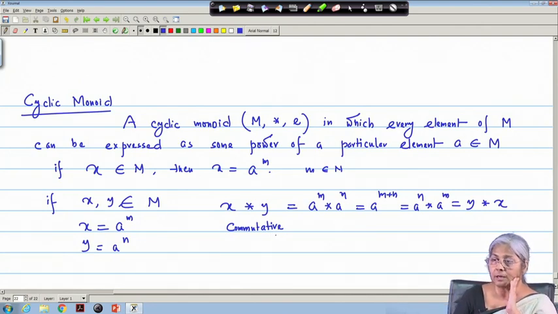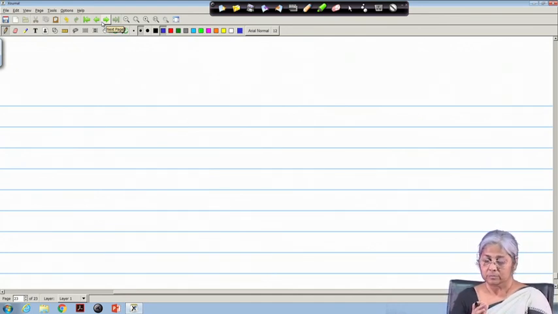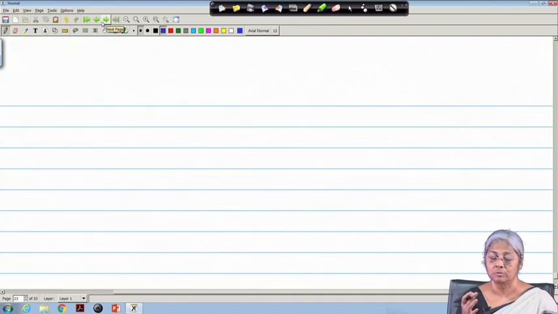Now, in real life there are many applications in algebra that satisfy this property of cyclic monoid. One of the examples is the modulo operation, which is very popular in algebra and in many application areas like coding theory and cryptography.